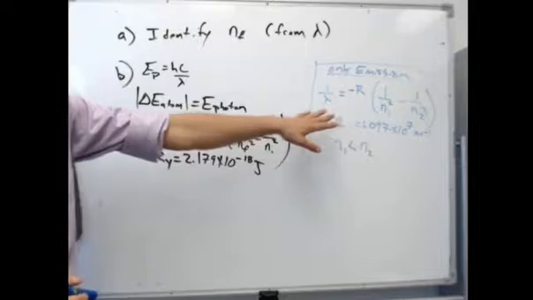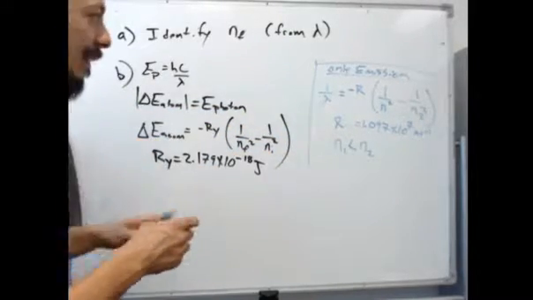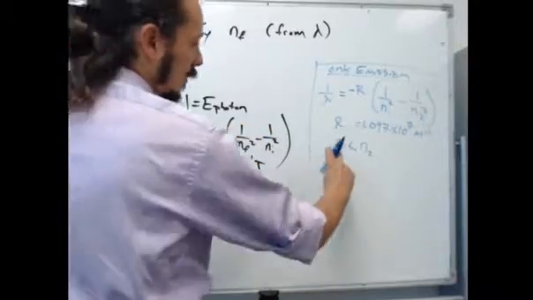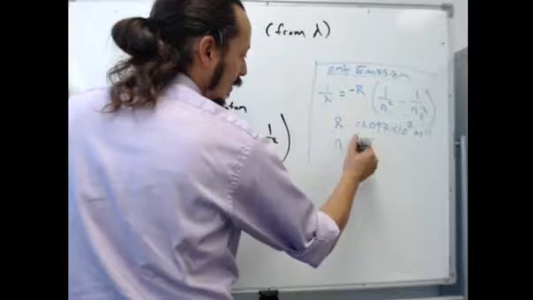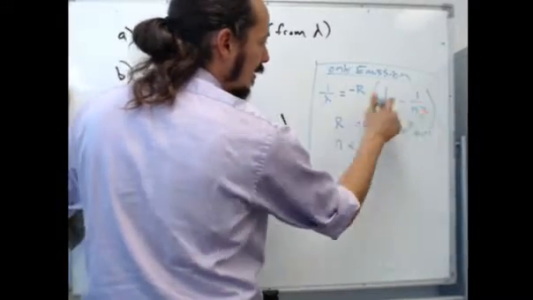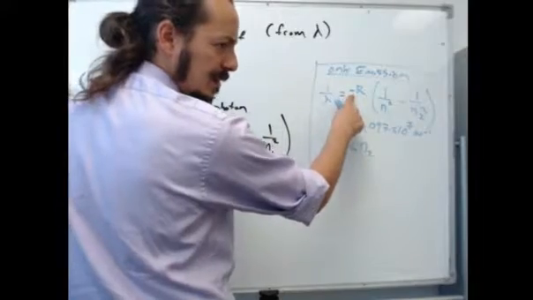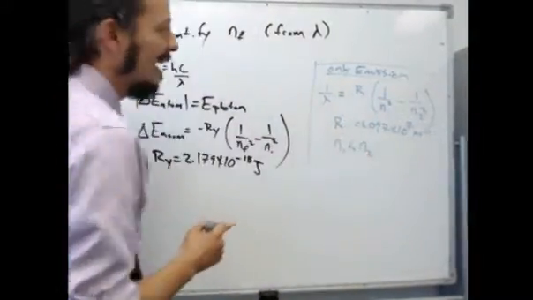Wait, or is it n1 greater than n2? I have to think about this now. No, it's n1, because which one's first in the equation? n1, n2. Is it negative in that equation? No. It's not negative in that equation.